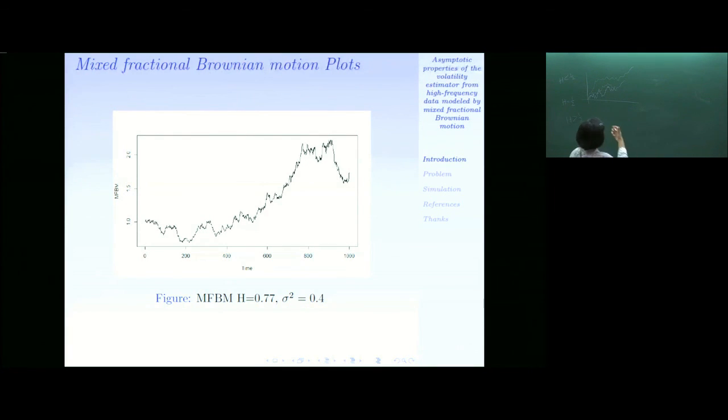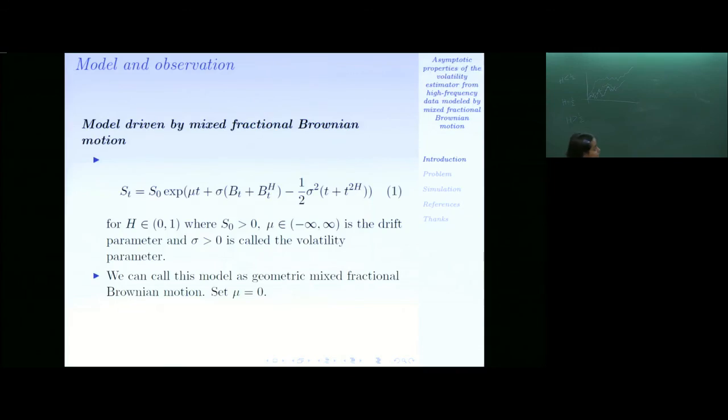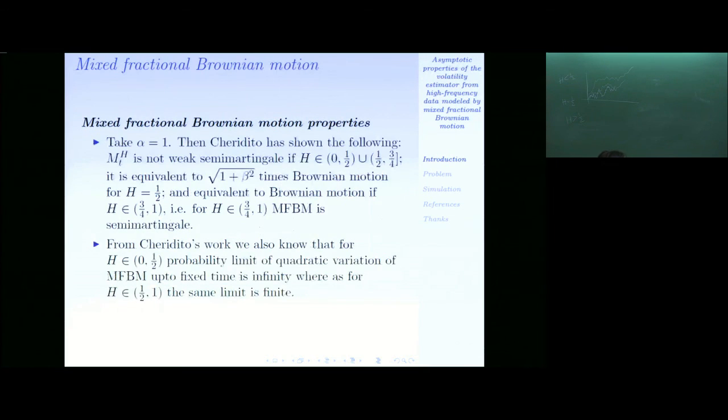So what happens with the quadratic variation? If you look back at Cheridito's result, the larger h is, the more the quadratic variation is finite, whereas if you have a lot of zigzag and jitter, then the quadratic variation is infinite.